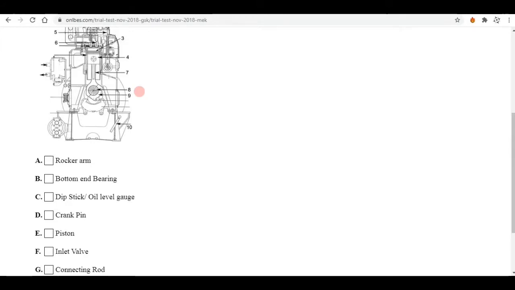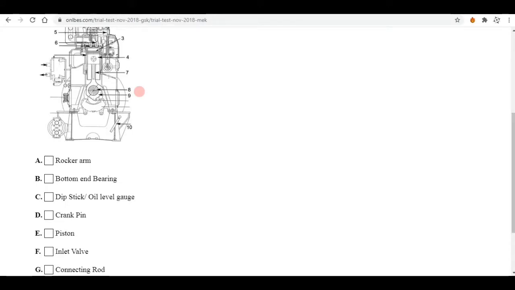The diagram is also there in my book, in your book also, but I'll see if the same diagram is there or not. Okay, so we don't have the same diagram in the book. Kind of similar but not exactly the same.